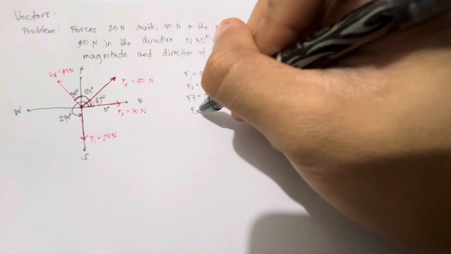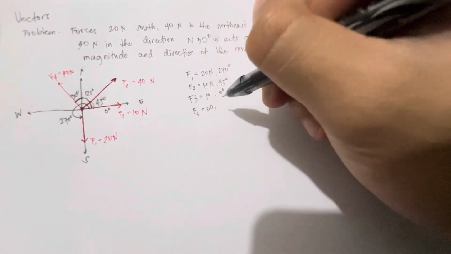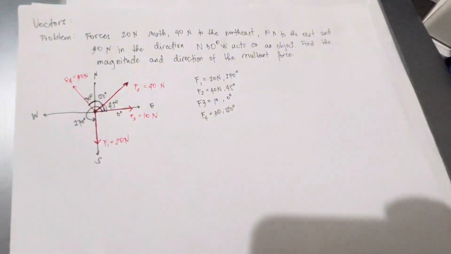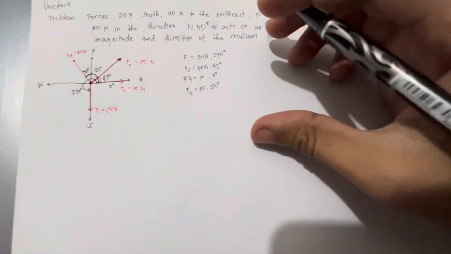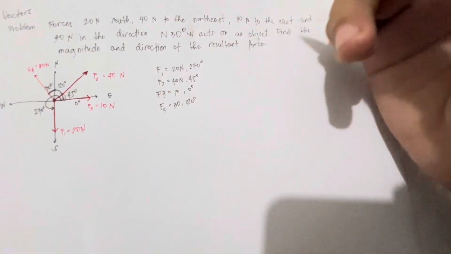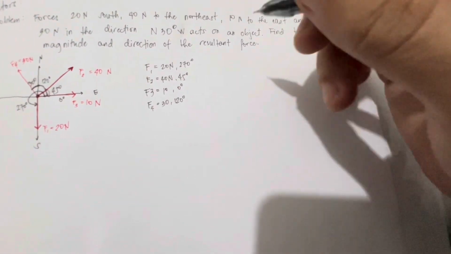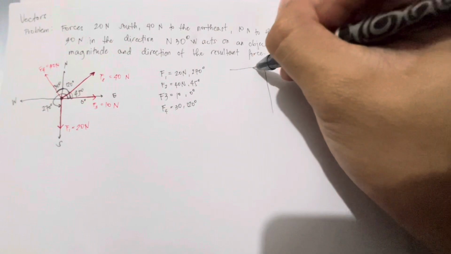And lastly, force number 4: 30, ang angle niya is 120. Okay, so ang buhaton ron is magbuhat ta og table. I-resolve nato ning tagsa-tagsa nga mga forces into their x and y components.